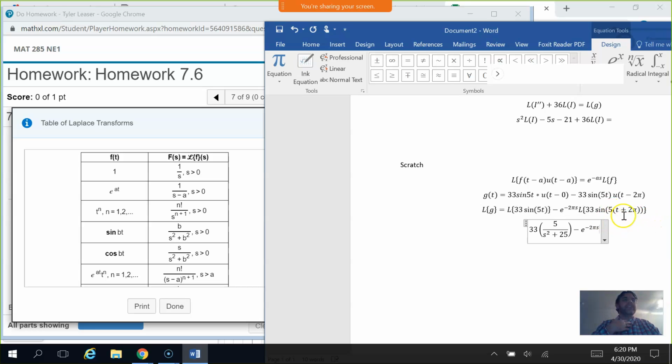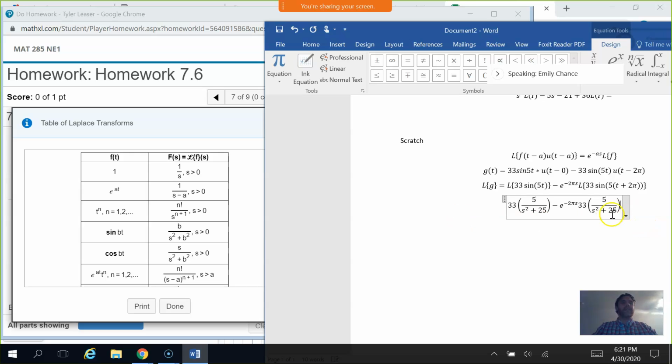It's the same thing as just sine of 5t. Does that make sense on why that's the case? Because sine is periodic with 2 pi, so adding any multiples of 2 pi inside of sine is not going to change the value any. So I think this is also going to be 33 and then 5 over s squared plus 25. Again, we're going with our gut here.